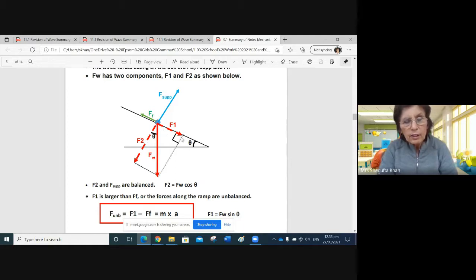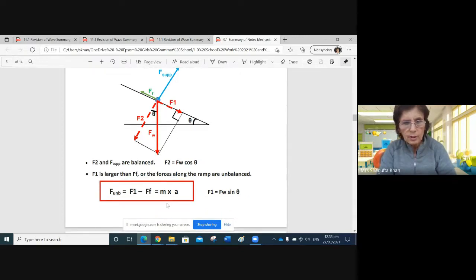Now, F1 comes out more than FF because the object was accelerating. And how do we find the unbalanced force? Unbalanced force will be F1 minus FF, and unbalanced force is always mass times acceleration. So if you've calculated this one, you can calculate the acceleration.